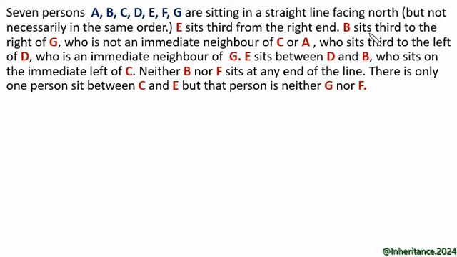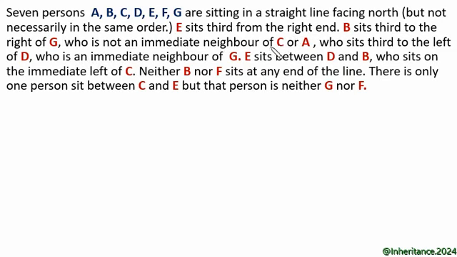So when you start a puzzle, you just need to read every line very carefully. See, B sits third to the right of G, there is a comma, then it's your understanding skill, like G who is not an immediate neighbor of C. So it's not talking about B, this line is talking about G, and the same way, G who is not an immediate neighbor of C or A, who sits third to the left of D, D who is an immediate neighbor of G. So you have to read it very carefully.